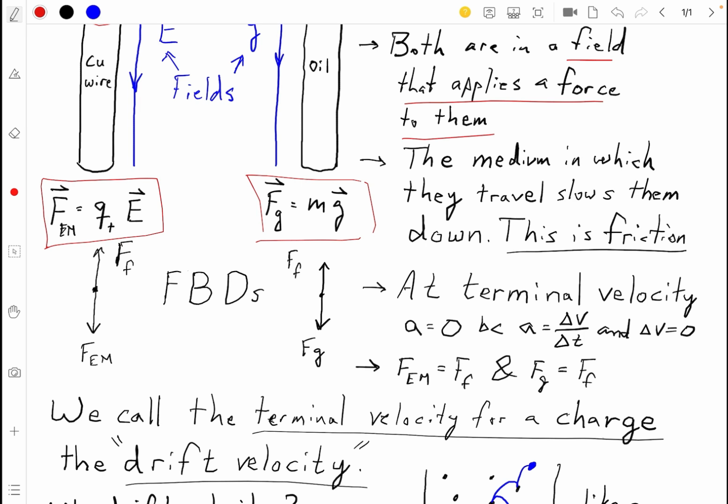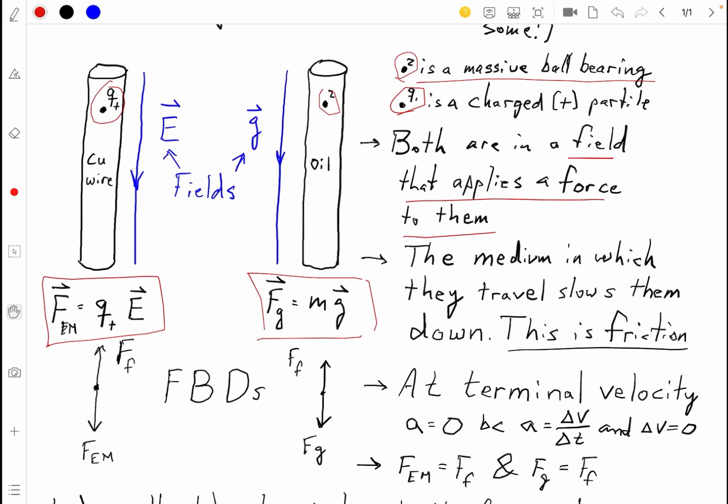When you're moving through something, so we're moving through a wire or we're moving through oil in a gravitational sense, there's friction. So what about this friction? It's slowing us down.